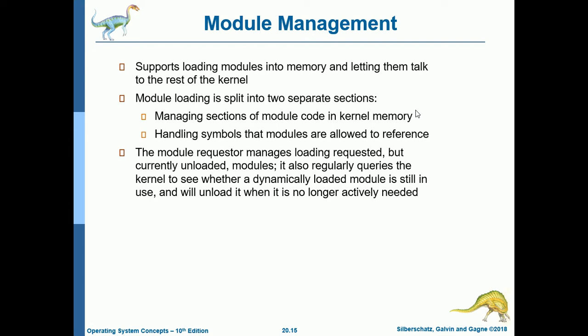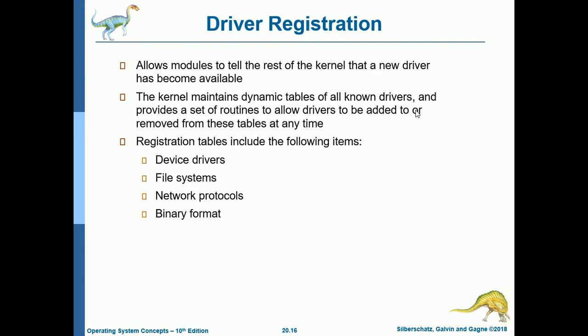The module requester manages loading requested but currently unloaded modules. It also regularly queries the kernel to see whether the dynamically loaded module is still in use, and will unload it when it is no longer actively needed. For driver registration, it allows modules to tell the rest of the kernel that a new driver has become available.